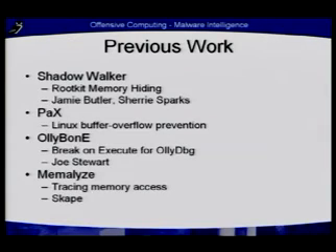PaX implements non-executable frames inside of the page fault handler. It's another good work, but that's for Linux. Again, OllyBone by Joe Stewart, which is break on execute for identifying these things, and this is really good. And Memoryze recently came out in Uninformed by Skape. This is used for tracing memory accesses, and all use a similar technique.